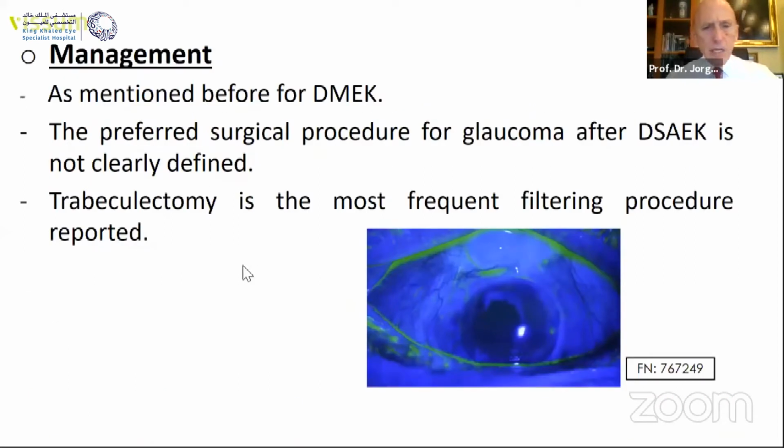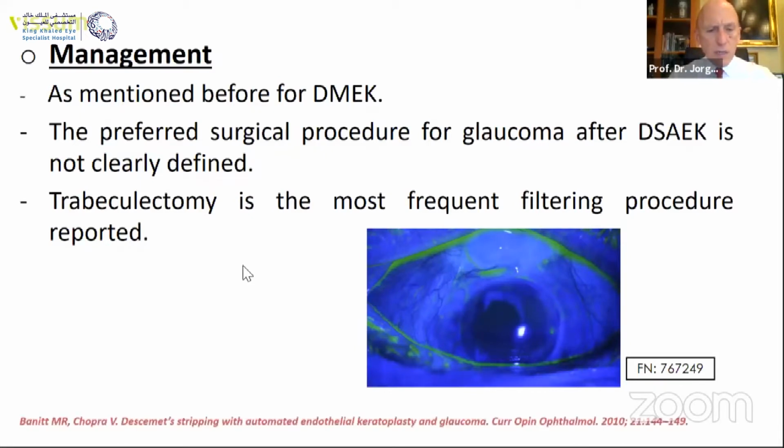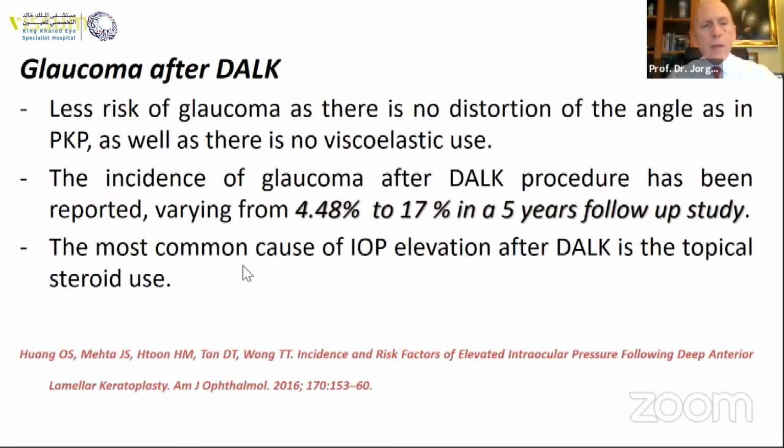The management is the same, and the most frequently performed procedure in DMEK and DSAEK is trabeculectomy, which has been reported to be successful in these cases as well, and you have this reference to quote in this case.